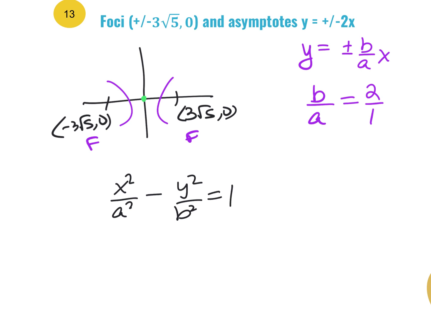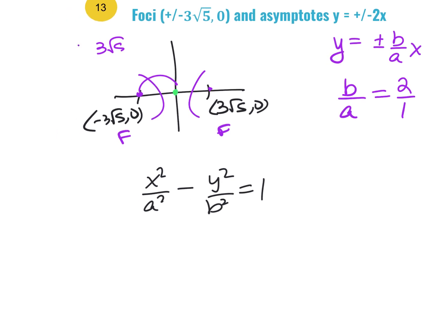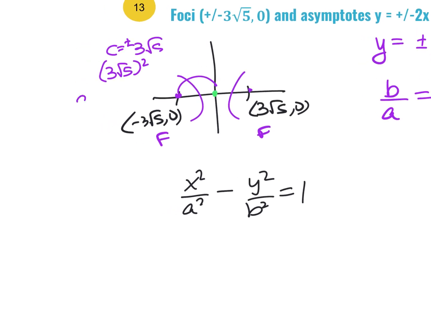Now my c value is the distance from this focus to the center, and you can see that it's 3 square root 5. So that's what c equals, plus or minus. When I square 3 square root 5, I square the 3, and then when I square the square root of 5, that just becomes a 5. So c squared equals 45.